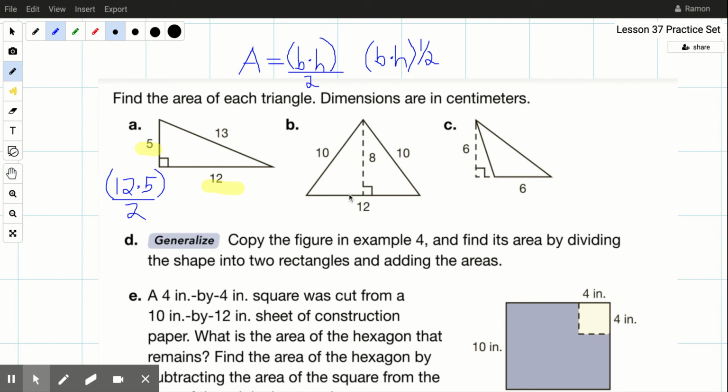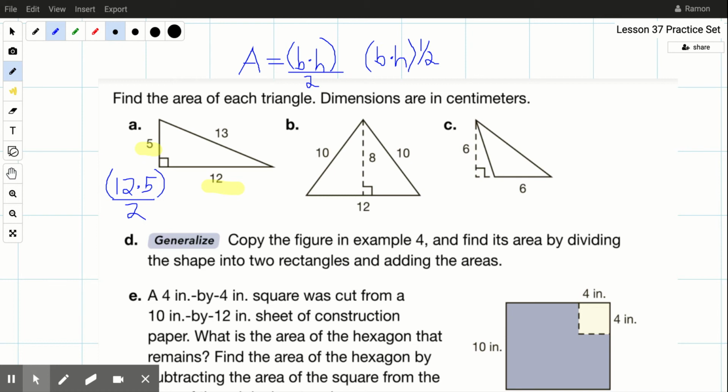Really the order here doesn't matter. If you wanted to take half of 12 and then times 5, that would be fine. Typically, though, you want to keep base times height being multiplied first just because it makes it easier to take half of that at the end. If you take half first, you open yourself up to a mental mistake where you forget that you took the half, so you take half again.